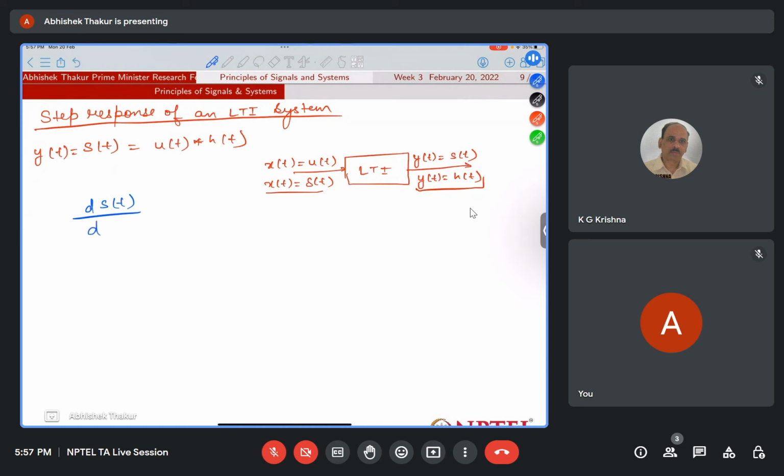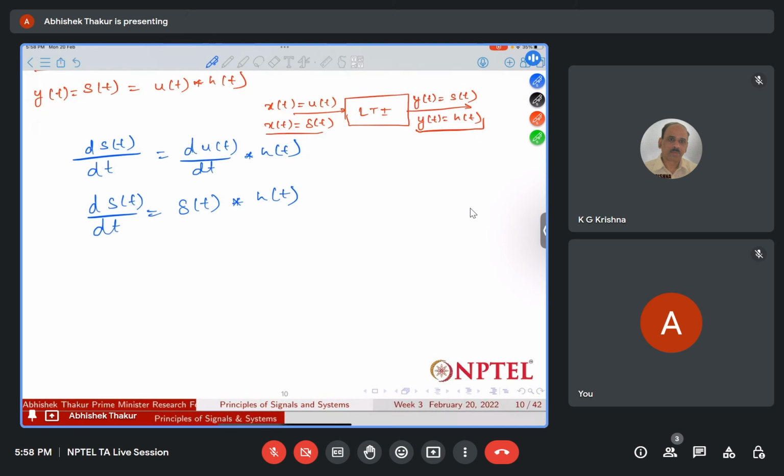So d of st by dt will be the impulse response. That will be equal to the derivative of ut with respect to t convolved with ht, and this will be, derivative of ut is del t, convolved with ht. So we can see that the derivative of step response is the impulse response, and integration of the impulse response is the step response.